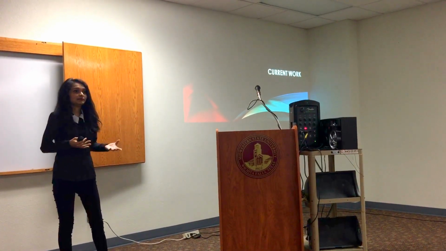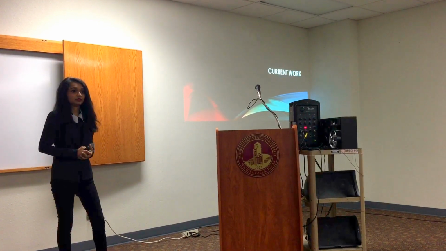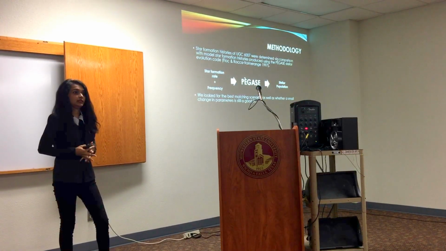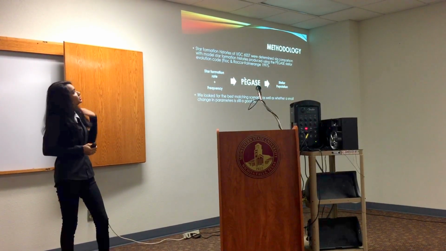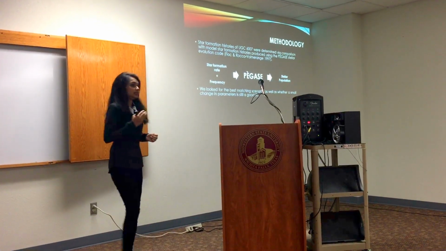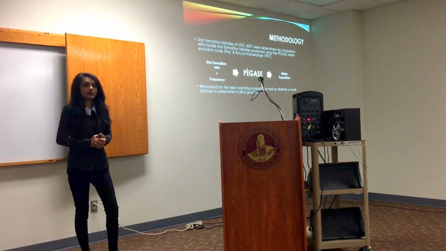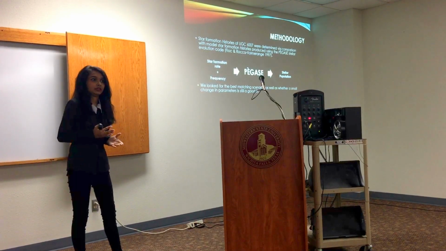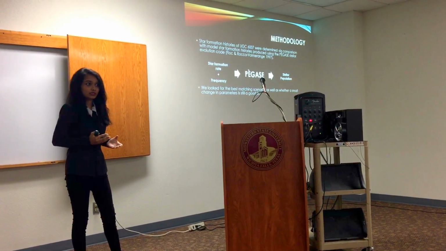So now you have seen my previous work. Let's move on to my current work, what I'm doing right now. I'm looking at the star formation histories of dwarf spiral galaxies. I'm comparing the star formation history of a dwarf spiral, the real data, with the model star formation history, which was produced using the PEGASE evolution code.